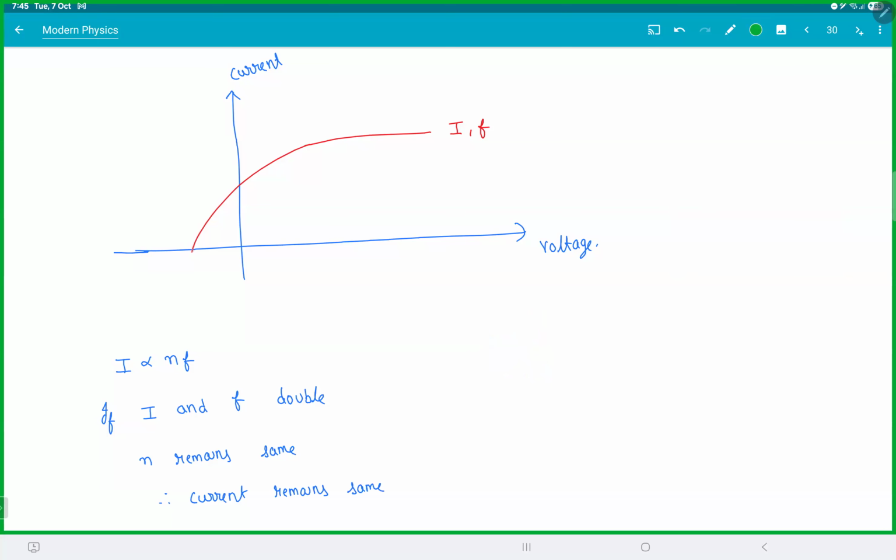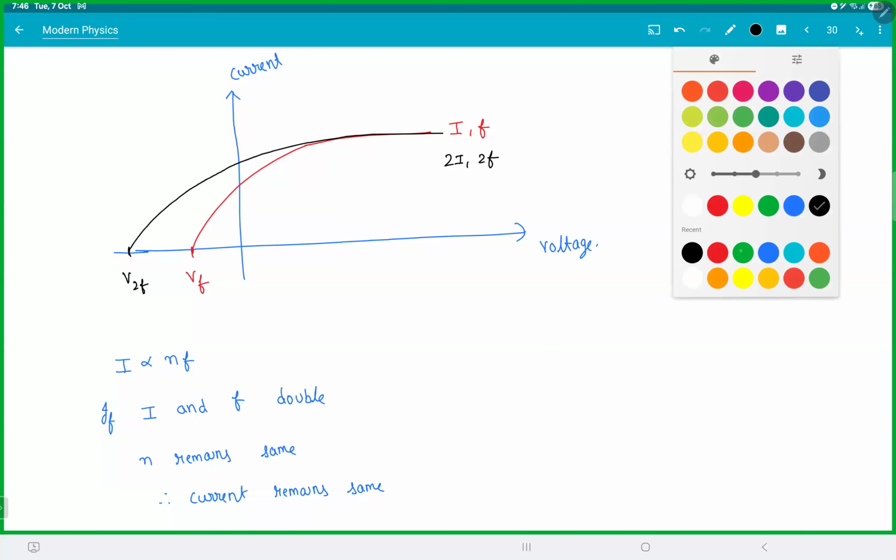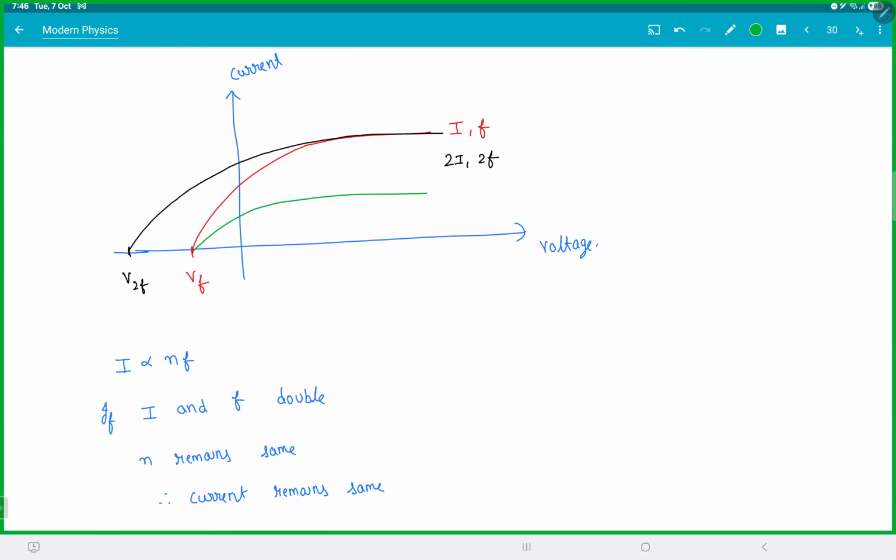So this is how the graph will look. This is your stopping potential for V, F. So the graph will start from here, V2F, because if you increase the frequency, stopping potential will increase, but the saturation current will remain same here. This is for 2I and 2F. Make sense? Even though intensity increases, the current remains same. This will be the graph for I and 2F.